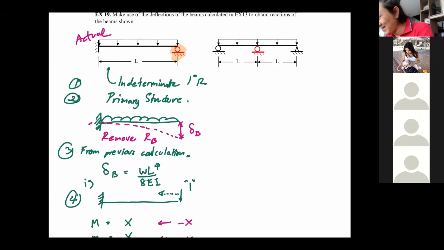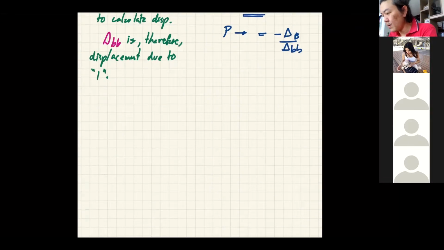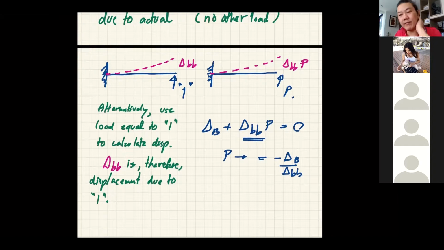We don't know what the reaction is going to be, so we might as well start the calculation from a unit load. We don't know how much the reaction is going to be, so we don't know how much the displacement is going to be. That's the catch. But if we know the load is equal to 1, we can calculate the displacement of the load that is equal to 1, right?